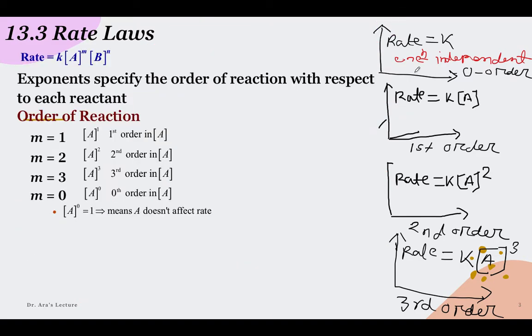So now we know what is the rate law, what is the exponent, and what type of information we can get from the exponent value. We learned that from the value of m, exponent m or n, whatever the exponent we have, we can learn what type of order of reaction it is.